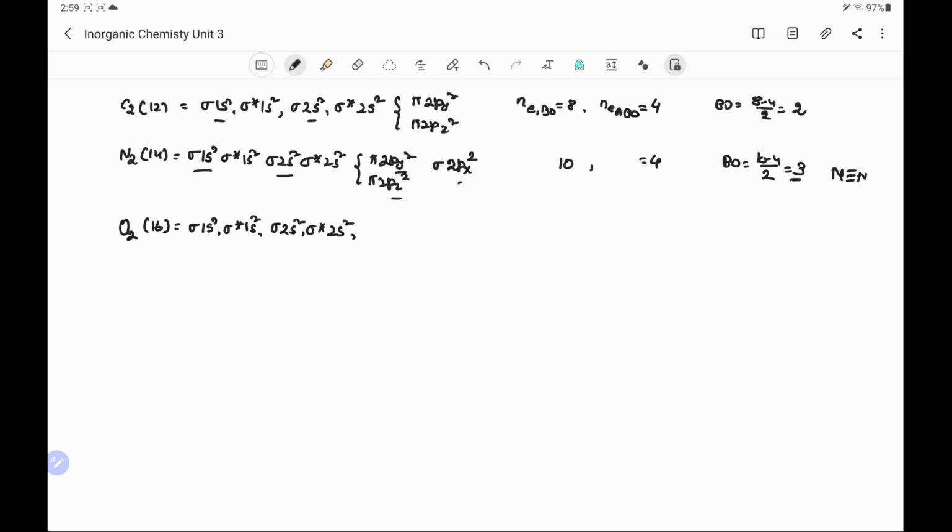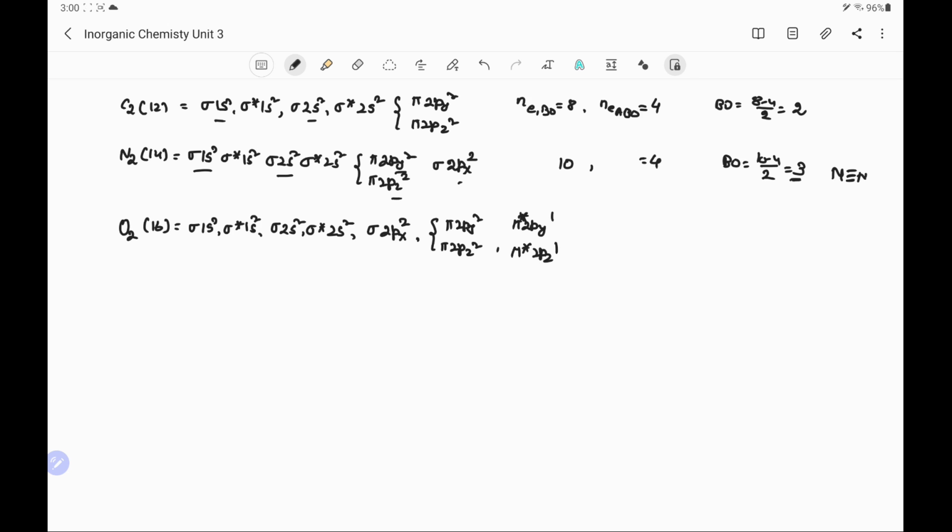In oxygen, the energy of the 2px orbital is lesser than the pi orbital. So we can write sigma 2px2, then pi 2py2, pi 2pz2, and the remaining will come into the pi star, the anti-bonding orbital, pi star 2py1, pi star 2pz1.